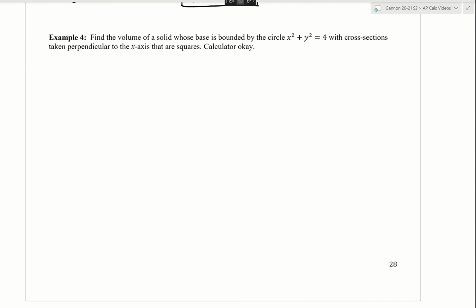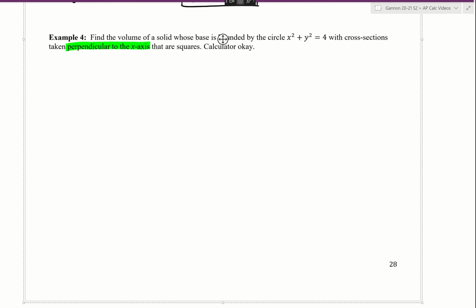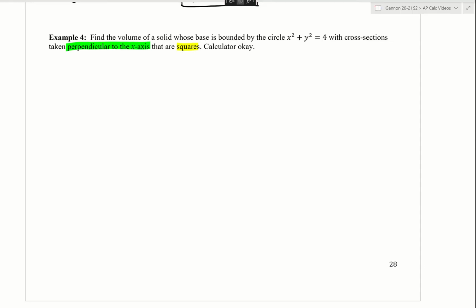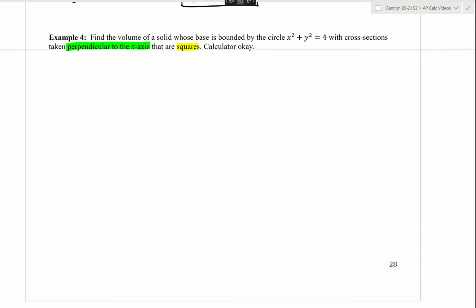Cross sections perpendicular to the x-axis, and they are squares. So that means that our area formula is s squared. Perpendicular to the x-axis means we're going to integrate everything in terms of x.